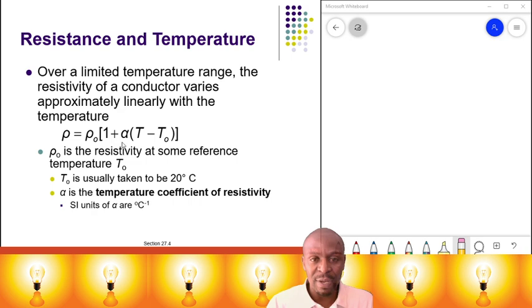Now this alpha is what you call the temperature coefficient of resistivity, as I told you earlier on that I will introduce you to this. The SI unit of the temperature coefficient of resistivity is just per degree Celsius.